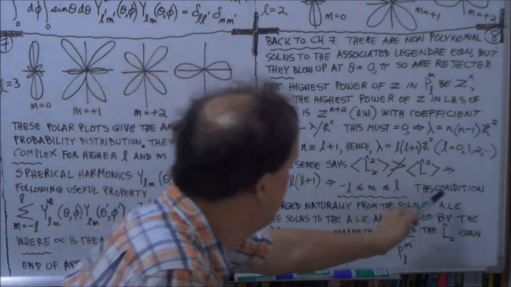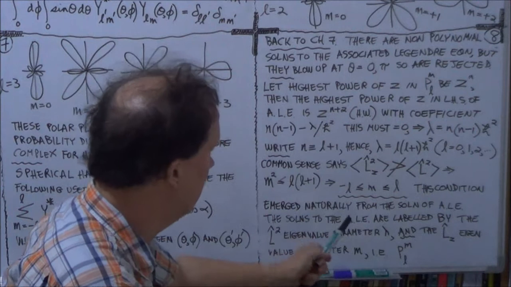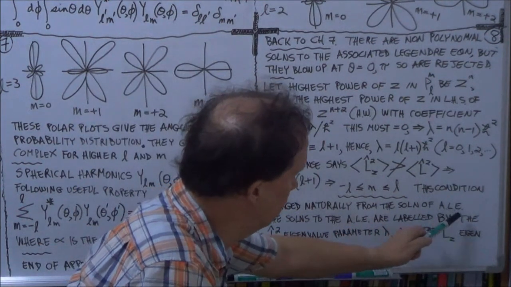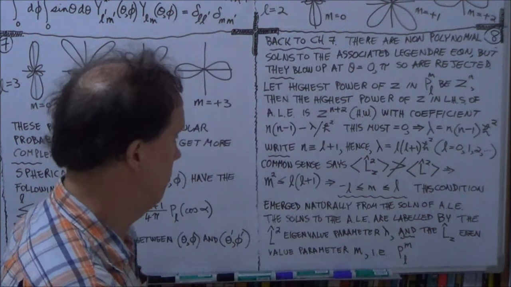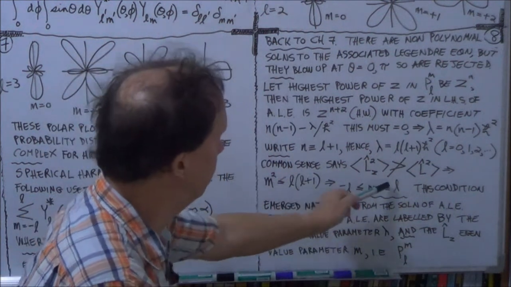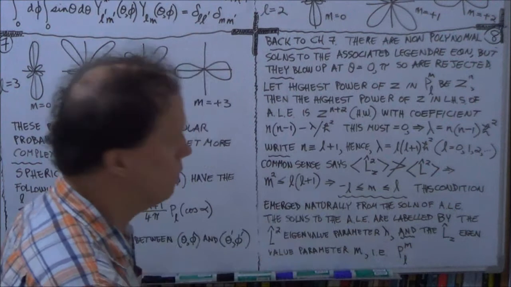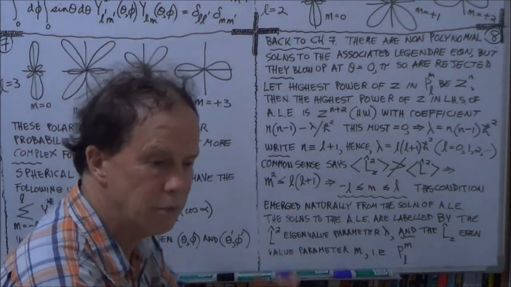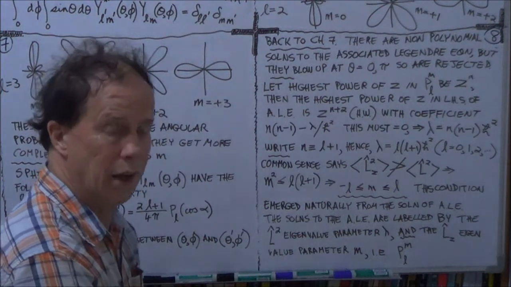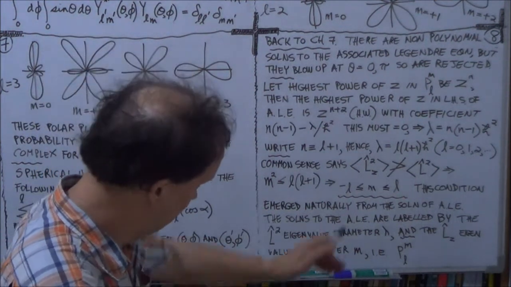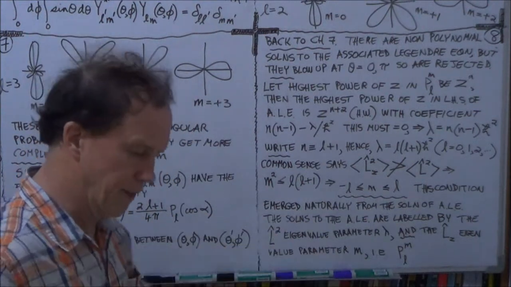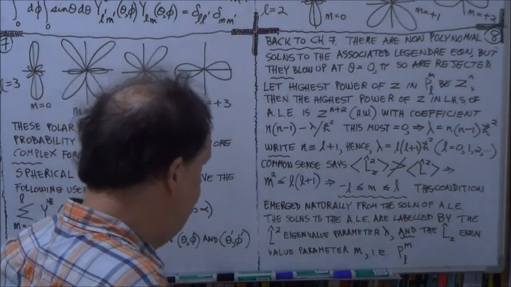Like I say, this condition emerged naturally from the solution of the associated Legendre equation. Here we've deduced it from physics, but we also got this from the mathematics. It dropped out. So we've come at this result from two directions, one the physics, the other the math.